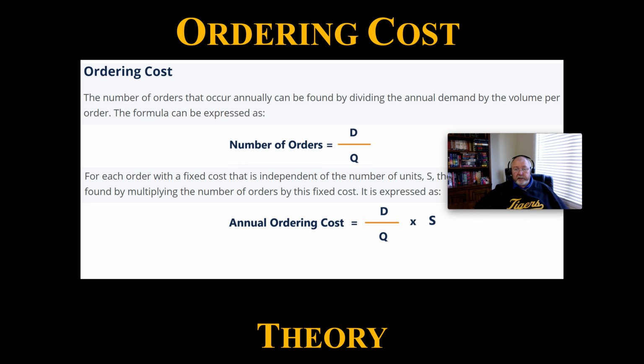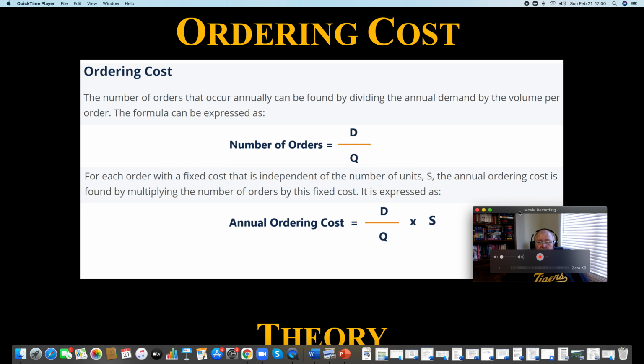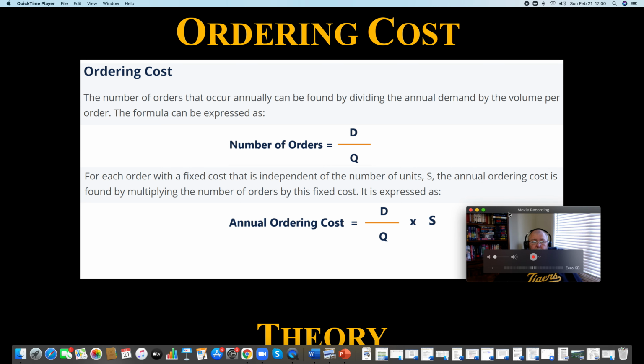We're going to get Q. Similarly, the annual ordering cost is the number of orders times S. Do you remember what S is? Look back at the prior slide. So, times S.